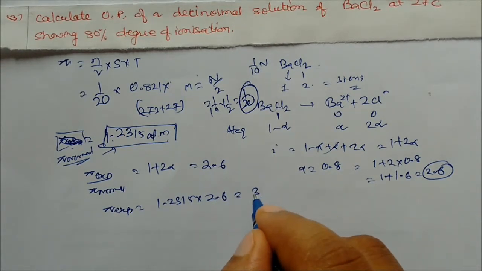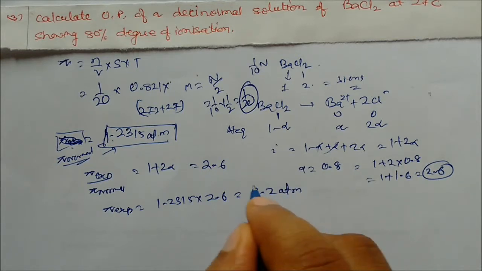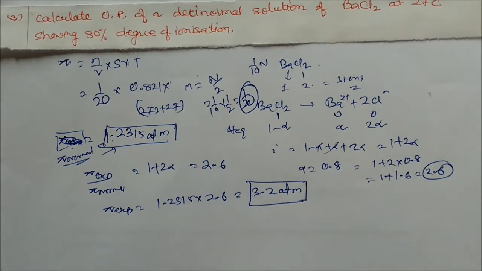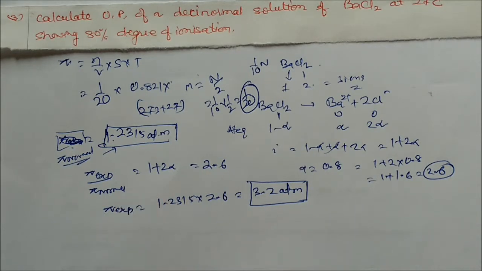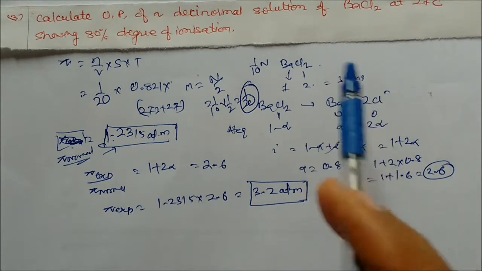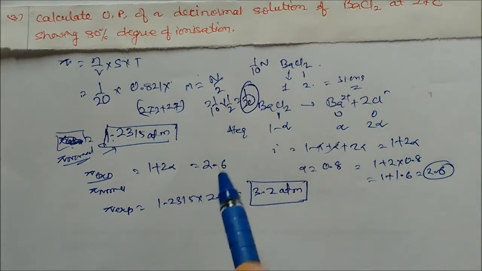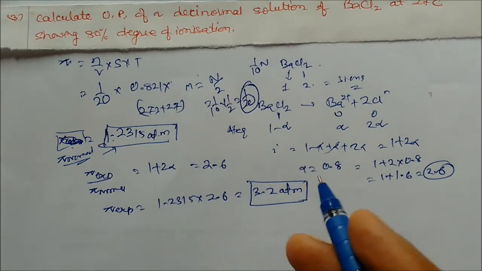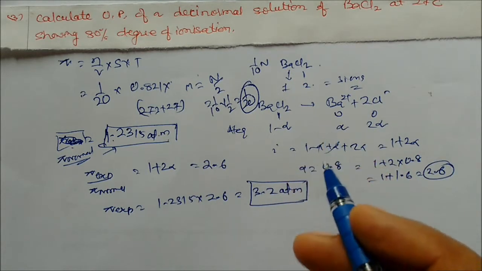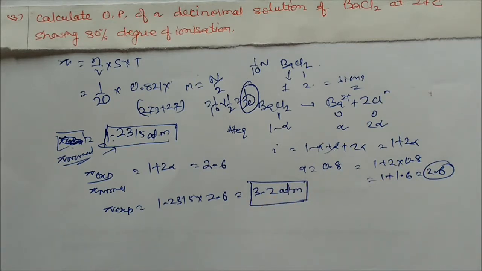You will get 3.2 atmospheric pressure. We can see that the experimental osmotic pressure is greater than the normal osmotic pressure. So the dissolution of any electrolyte increases the pressure, and the abnormality increases. We have to take this in. This is also very important from a theoretical point of view.